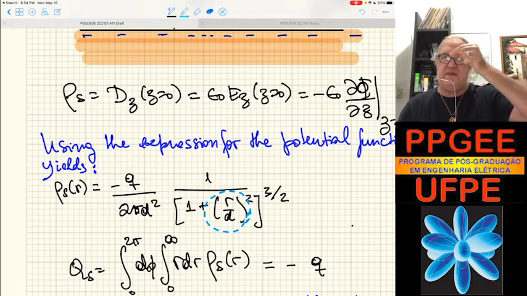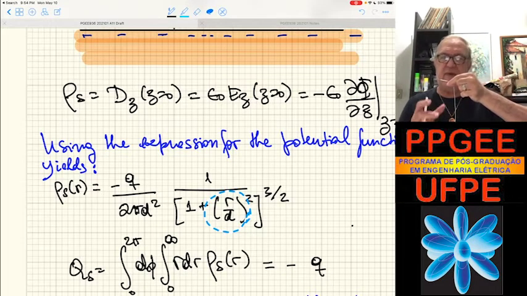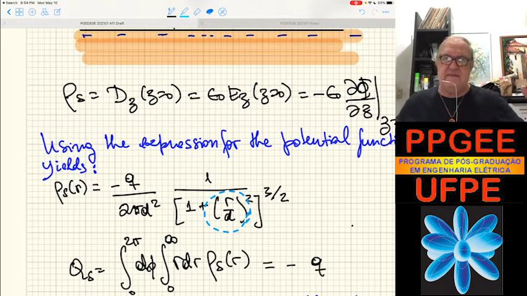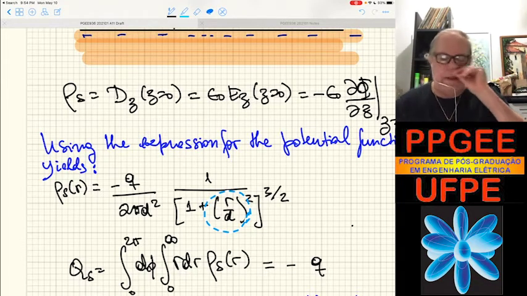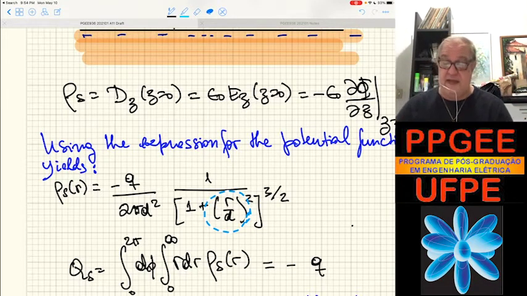If I move to the surface, the induced charge gets more intense right on the shadow of the charge and gets weaker, vanishing out as we move away from that.